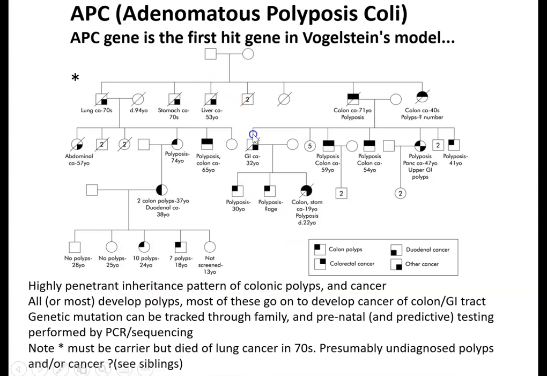So something that's highly penetrant means that if you've got the mutation, you're going to get the disease. Now this person here has avoided clinical manifestations of the APC gene. So, APC may be 90-95% penetrant for cancer, or at least polyposis. But you only know about the polyposis if you go looking for it, or it presents as symptoms.